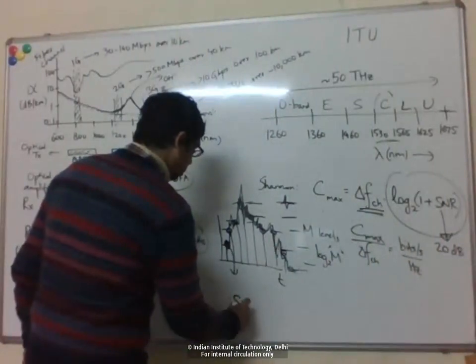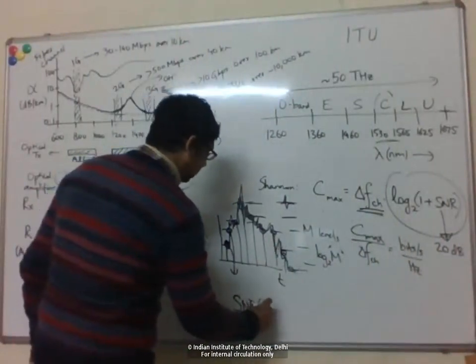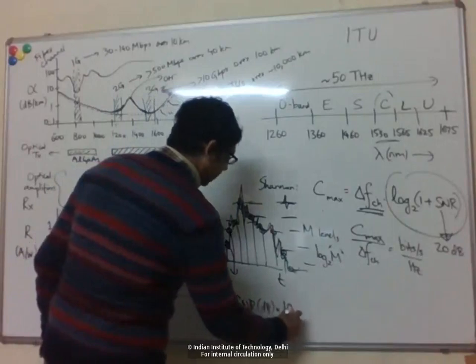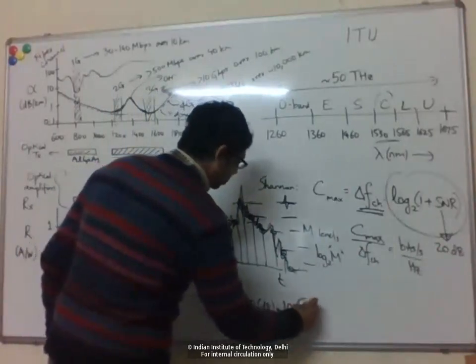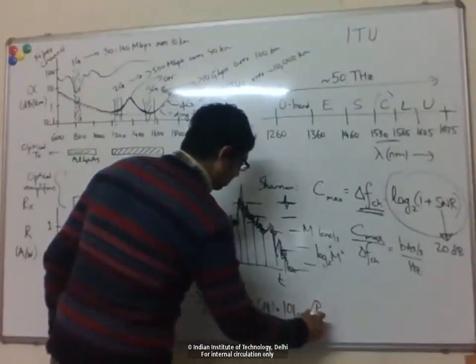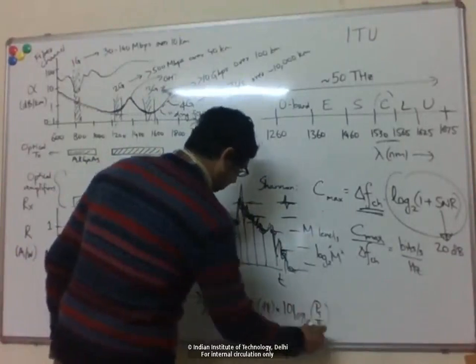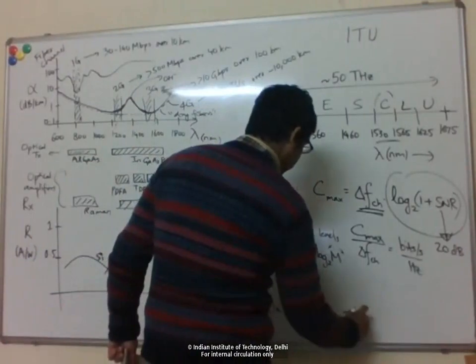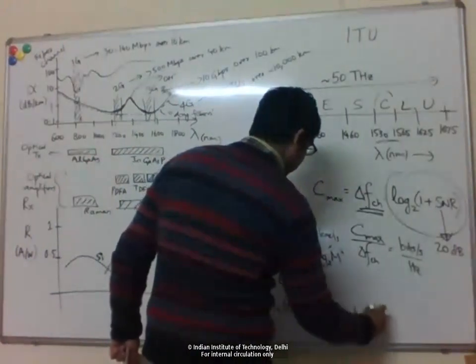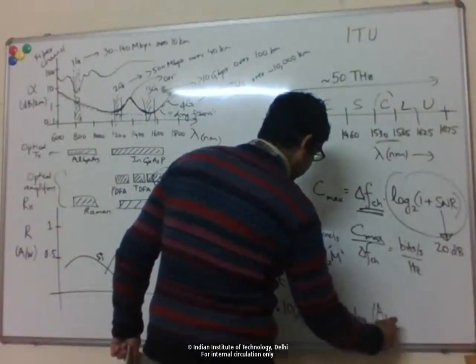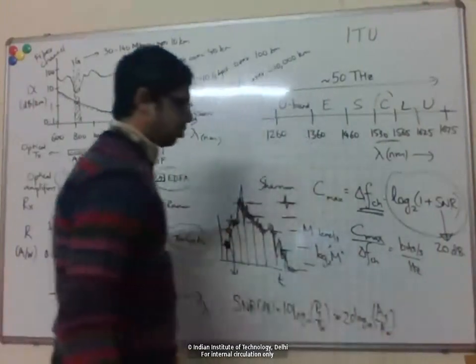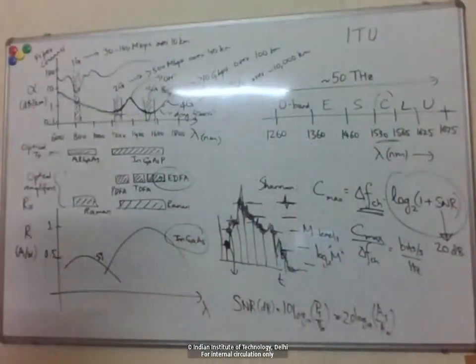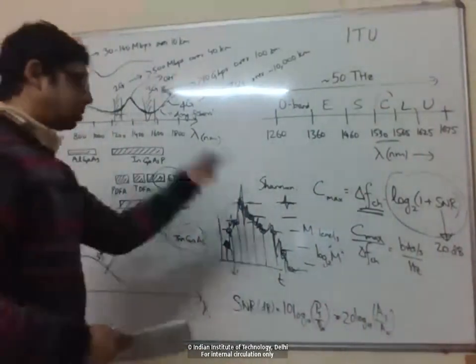So SNR in dB is 10 log 10 of signal power divided by noise power, or in terms of amplitude, 20 log 10 of signal amplitude by noise amplitude. This could be the electric field amplitude, for example, or voltage or something.